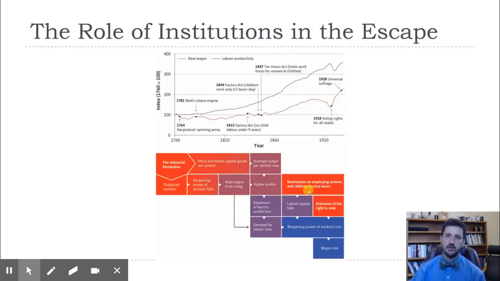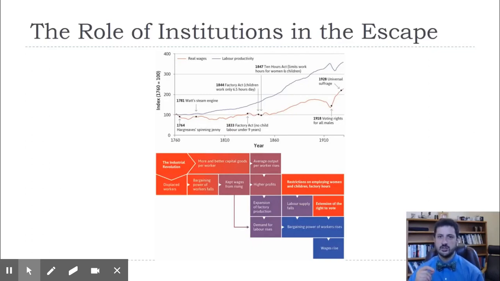So another interesting question is, all right, well, if production increased starting in around 1650, why didn't wages increase until around 1800, right? And they didn't really start increasing quickly until 1830, 1840.